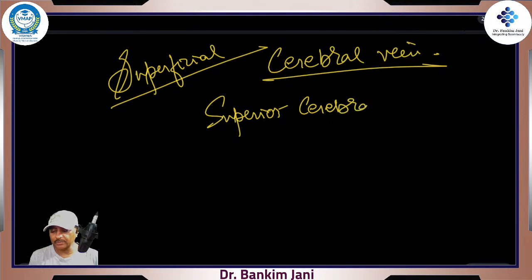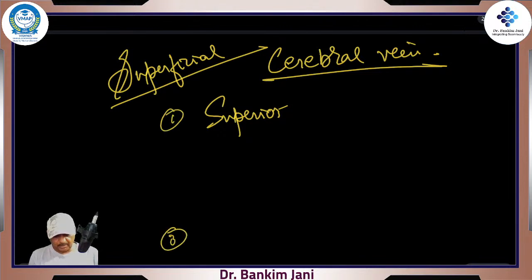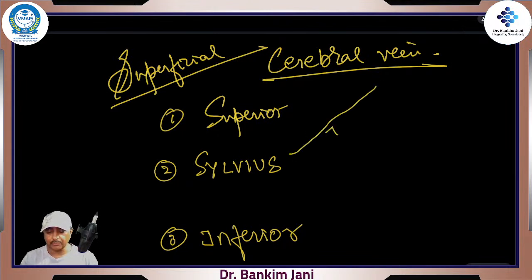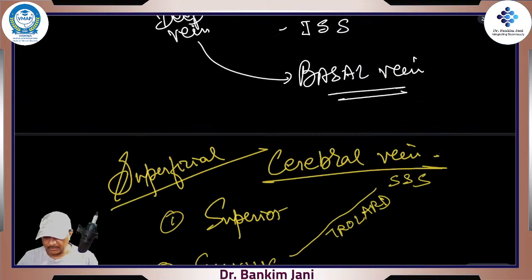All are cerebral, so we are not writing cerebral. So that is superior. Then the inferior, which we were just talking about, and these two in between, that was sylvius. And from sylvius, when it was going up, it was Trollard, the communicating link between sylvius and the superior sagittal sinus, right? Got it?